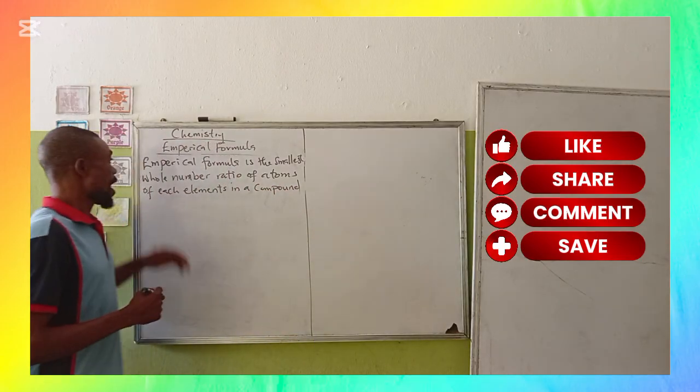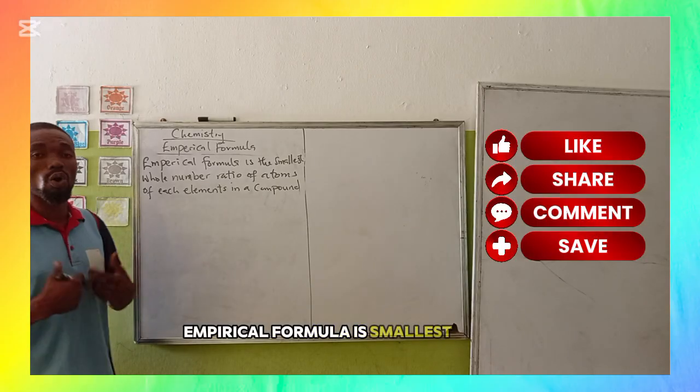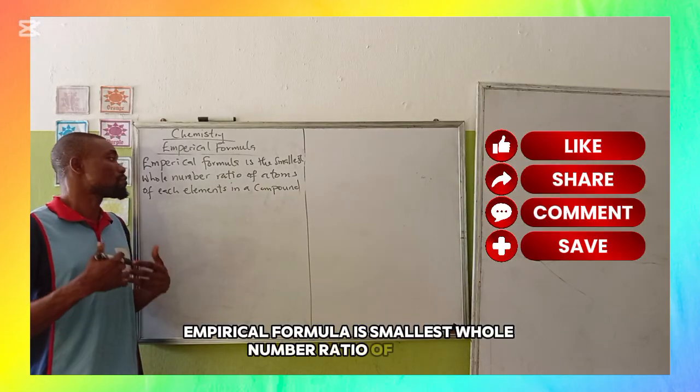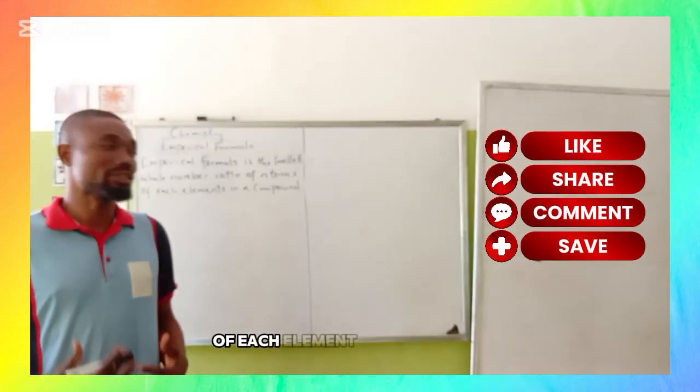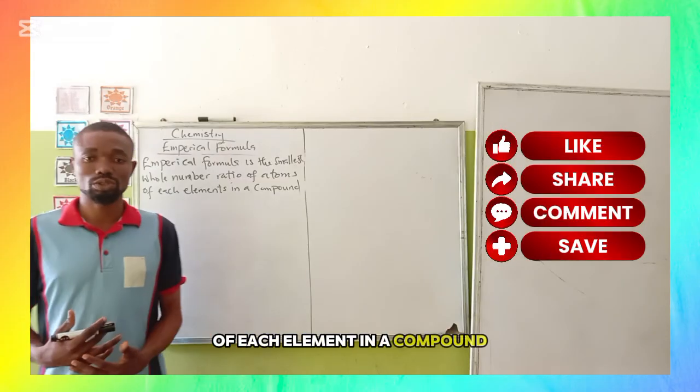I repeat, empirical formula is the smallest whole number ratio of atoms of each element in a compound.